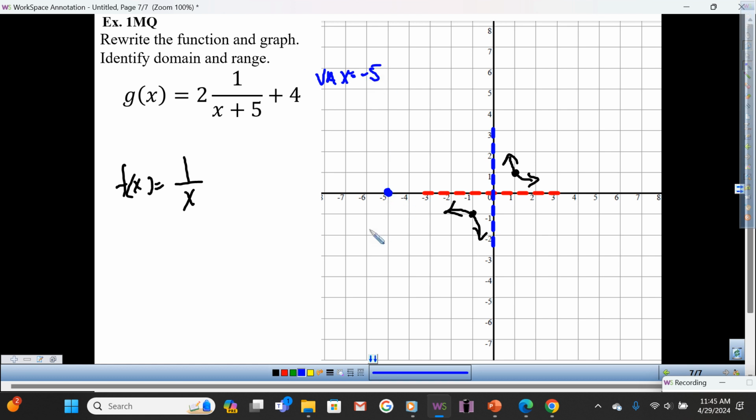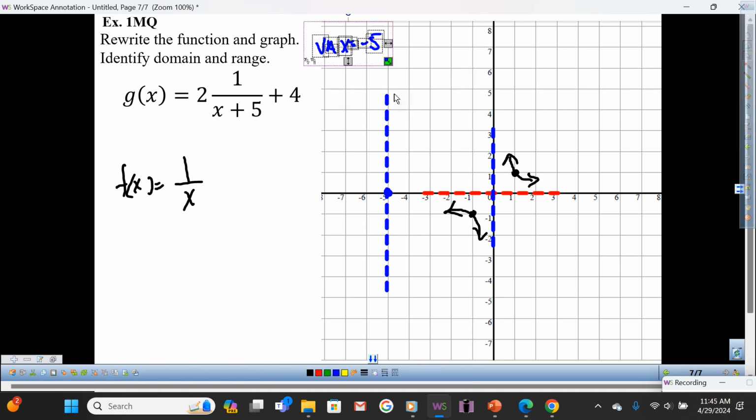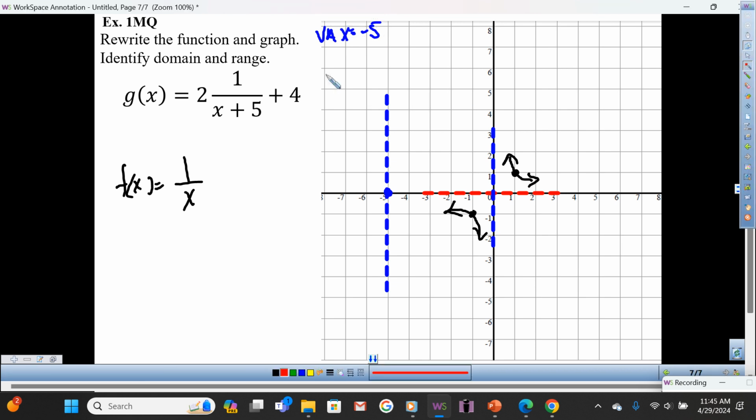So it's over here. And our HA. Okay, let me move this up really quick so I can have more space. And Jay said our HA, y equals 4, you said? 4, okay.